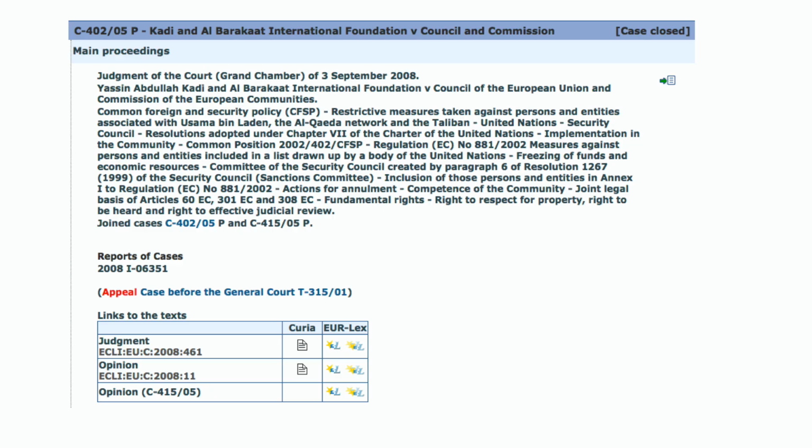However, in its judgment on appeal, the Court of Justice reviewed the lawfulness of the EU regulation transposing the resolution. The Court's central argument was that the protection of fundamental rights forms part of the very foundations of the Union legal order.